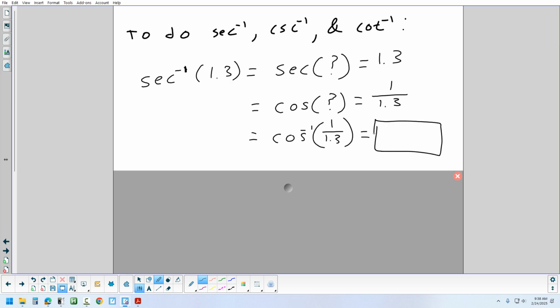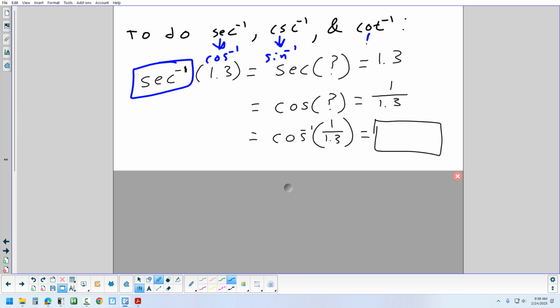So the trick is, if you have one of these three, first thing you do is change this to the one that it's connected to. If it's inverse secant, that one's connected to inverse cosine. If it's inverse cosecant, that one's connected with inverse sine.